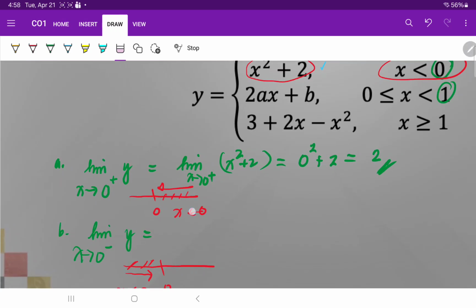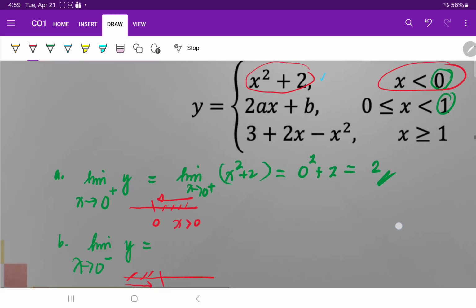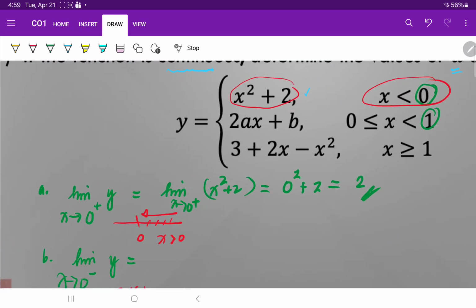Let's revise. This should be x greater than 0, because we're coming from the right of 0. If it's greater than 0, we'll be using this one. Sorry for that mistake.